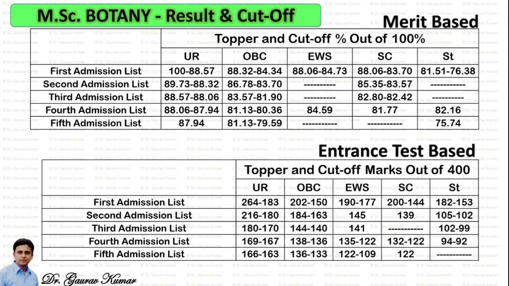In the fifth admission list, the last candidate was selected in the unreserved category on 163 marks out of 400. So the range was around 264 to 163 marks in case of the MSc Botany entrance exam, while in the reserved categories OBC, EWS, SC and ST, the cutoff was a little lower.